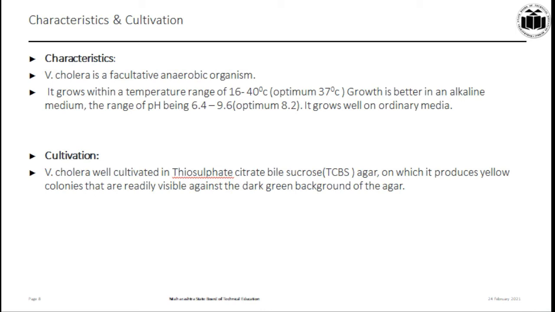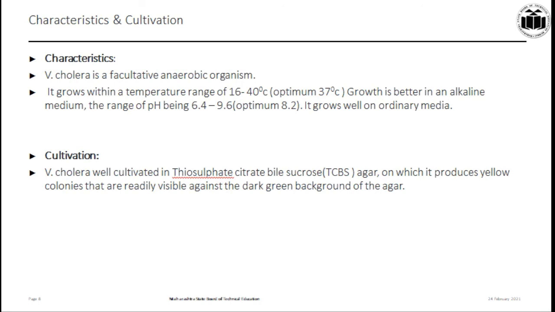This Vibrio cholerae is a facultative anaerobe, that means it can survive in the presence of oxygen or in the absence of oxygen. It can sustain in presence of oxygen as well as absence of oxygen, but mostly they are anaerobic organisms. They prefer anaerobic conditions.